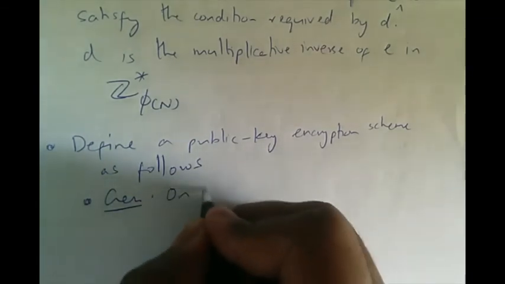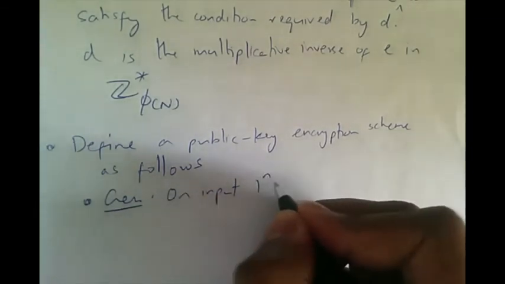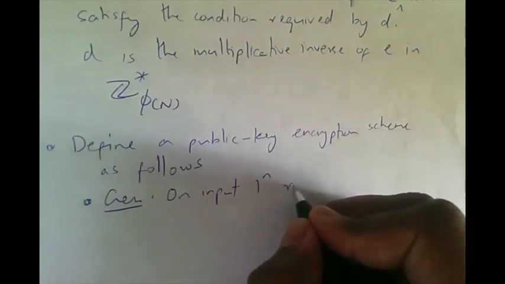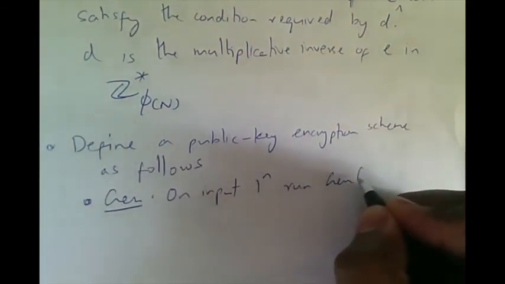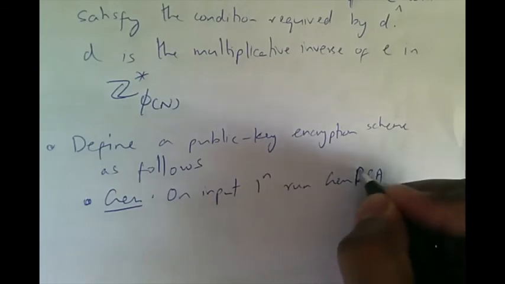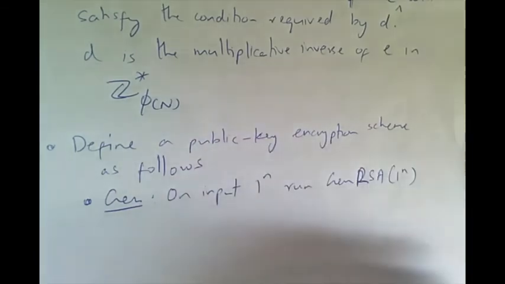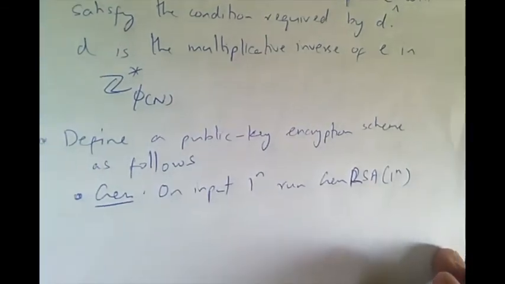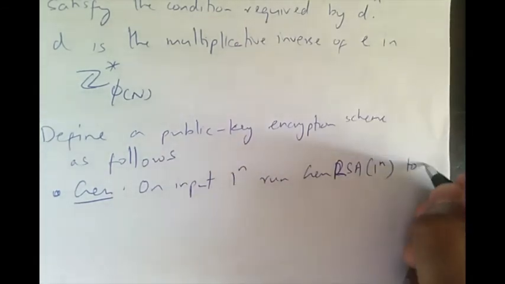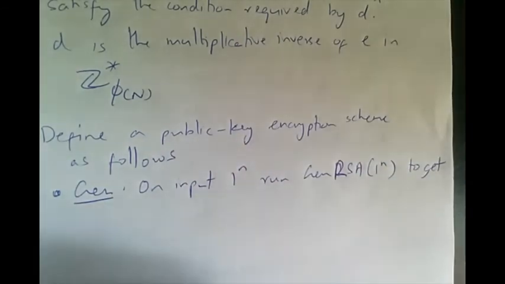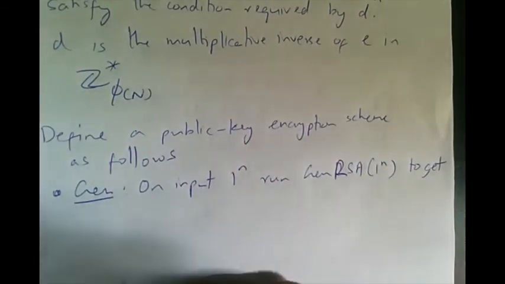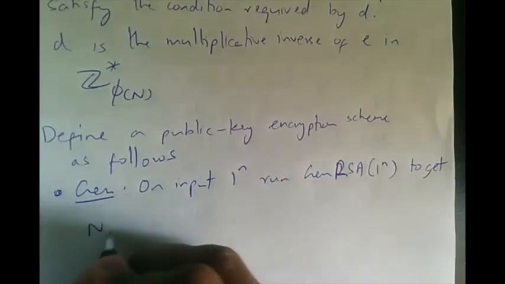On input 1^n, run Gen RSA on 1^n to get N, e, and d.